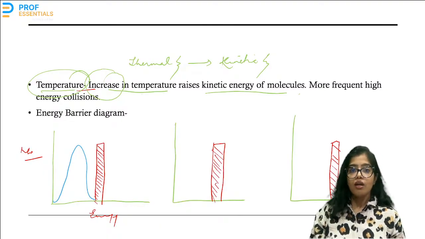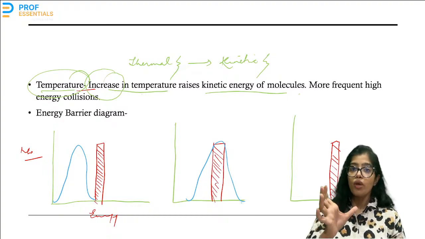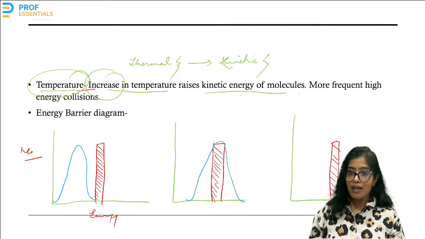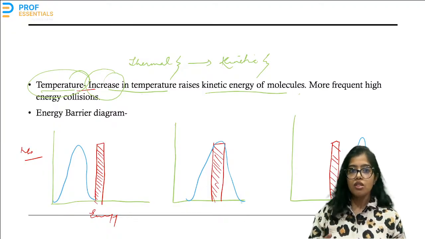No. Now suppose the number of molecules possessing the energy has just about reached the barrier. This is the state when the reaction is just going to proceed. And when all of the molecules have crossed this energy barrier, the reaction is going to successfully take place. Got it? So this is what the energy barrier diagram is.